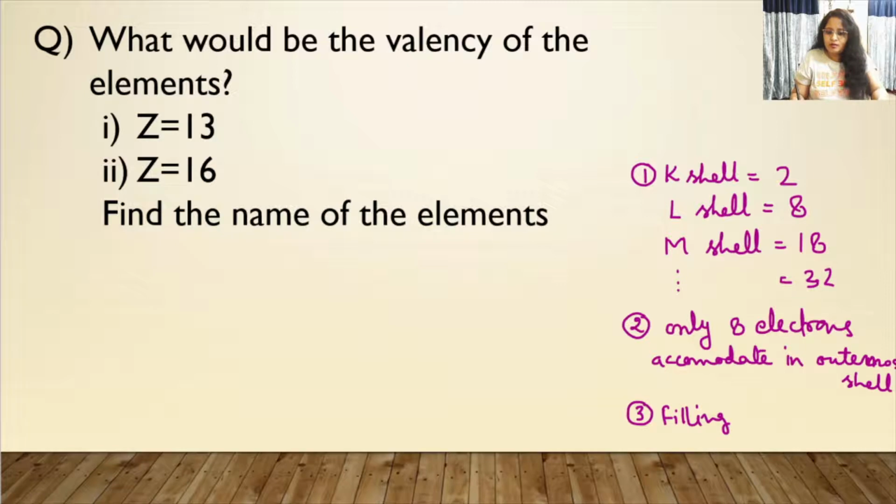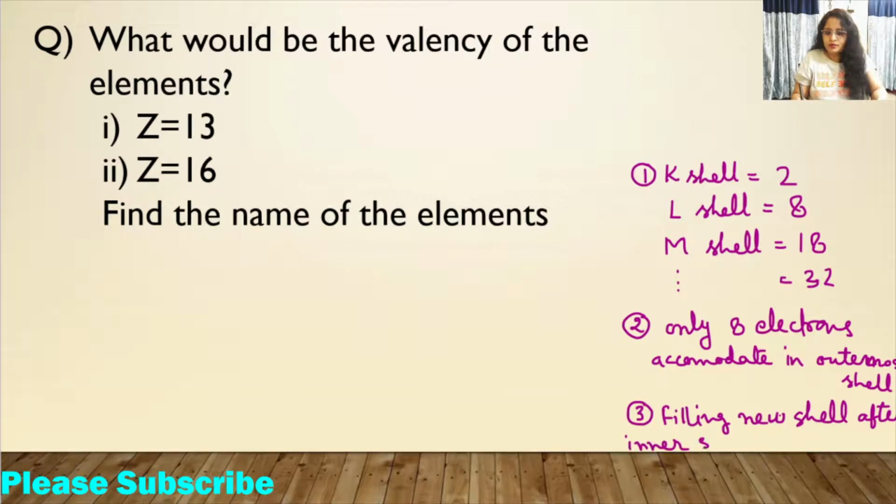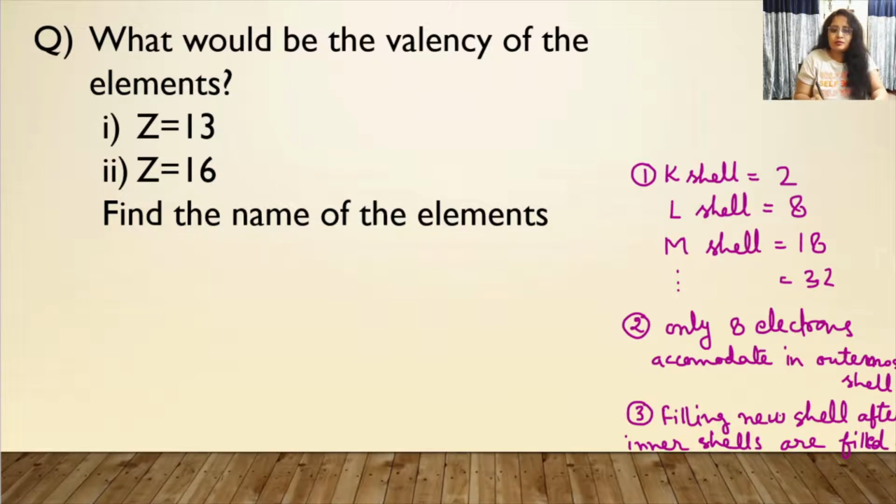You can understand. So these are the 3 main rules. So let's write the configuration and get the valency of the element.